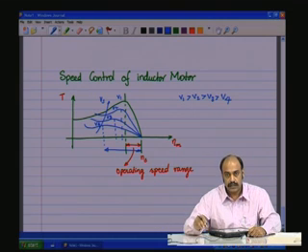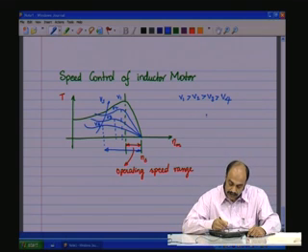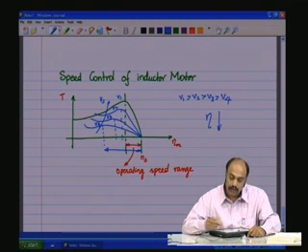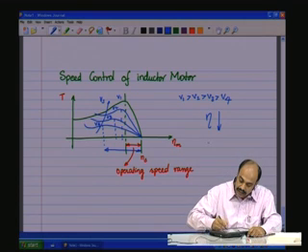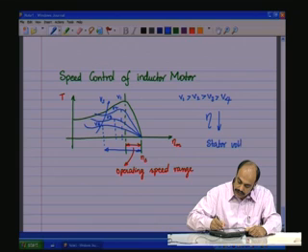For the same load, the current increases for the given lower voltage, and therefore the I square R losses increase, and as a result the efficiency will come down by just reducing the stator voltage. Of course, this method of speed control is called the stator voltage speed control.